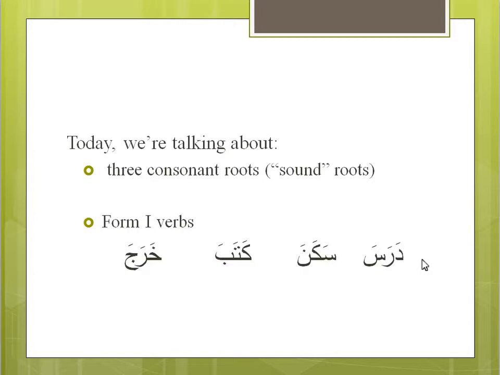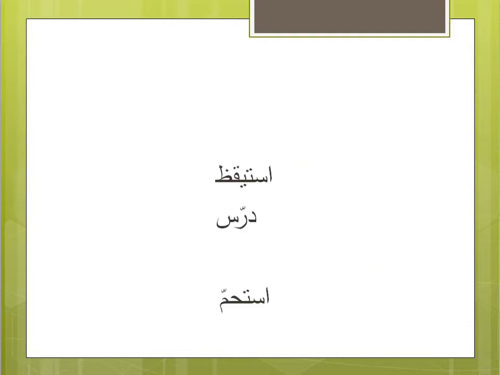Now if there is a Form 1, you know what that means. Well, there are other forms as well. So it's important that you know these, the ones we're going to talk about today, that you're very comfortable with them before we start adding on to them. Now you may be saying, wait a minute, I have seen other types of verbs that don't just have three consonants to them. Aha. Well, don't think about those.